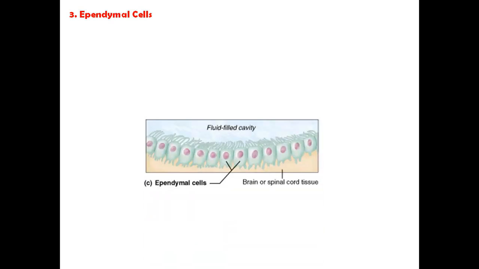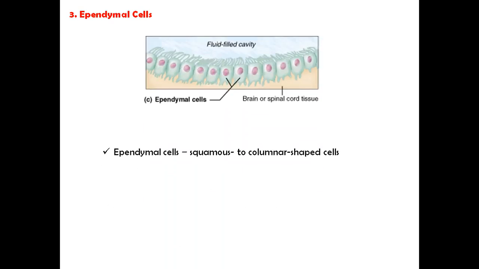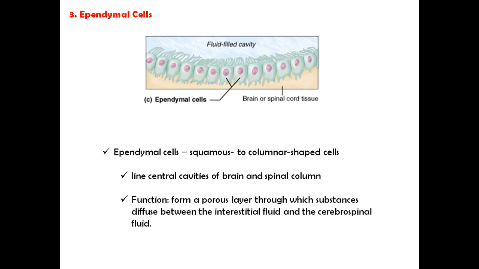Third one is ependymal cells. Ependymal cells, which are squamous to columnar shaped cells, line the central cavities of the brain and the spinal cord. Function is to form a porous layer through which substances diffuse between the interstitial fluid and the cerebrospinal fluid.